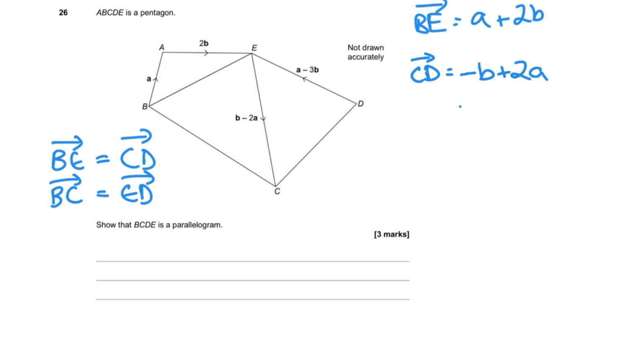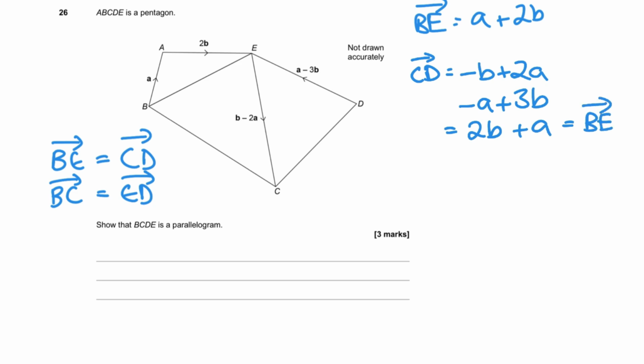So that is going to be minus A plus 3B. So let's gather up our like terms. We've got 3B minus B is 2B, and 2A minus A plus A. So we've proved that that vector is equal to BE. So we can put that equal to the vector of BE.